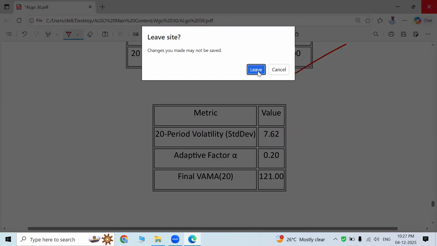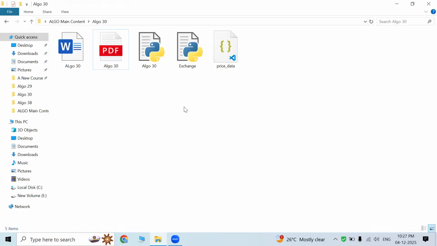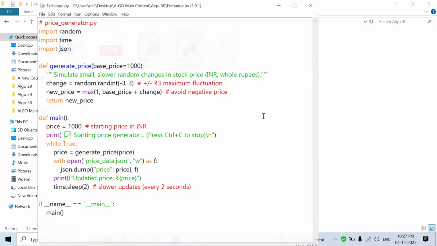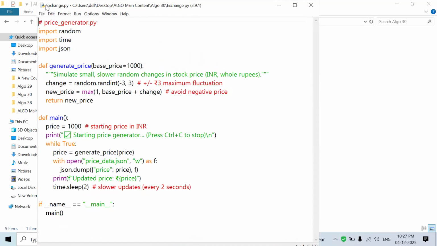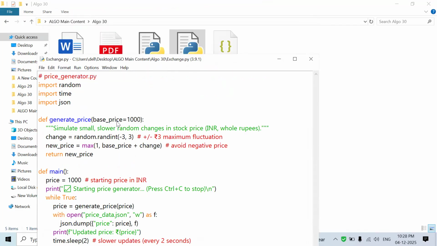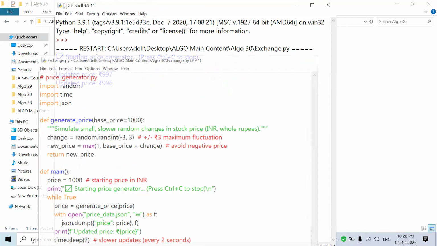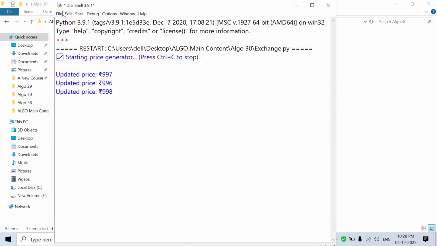Now let me show you that in an actual trading environment. This is the exchange which we have created, which keeps on changing the price randomly. We don't have any control over this change in price.